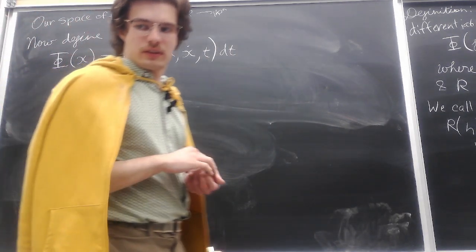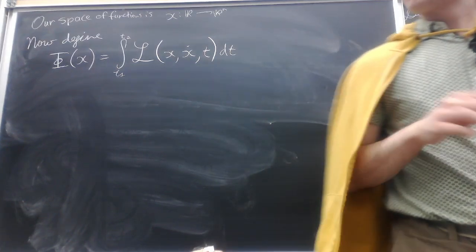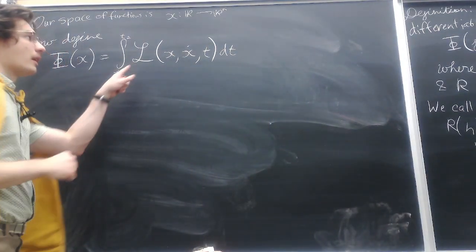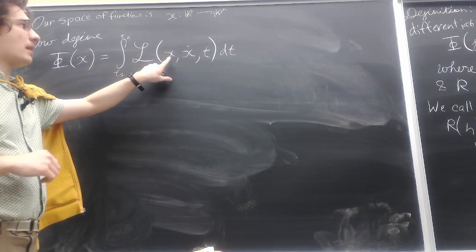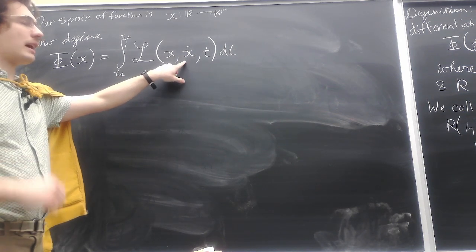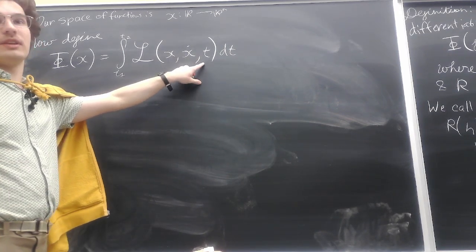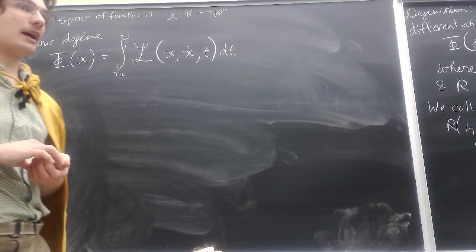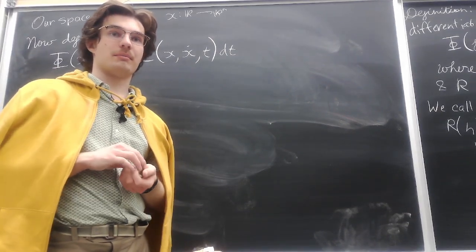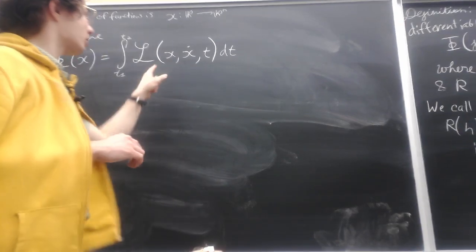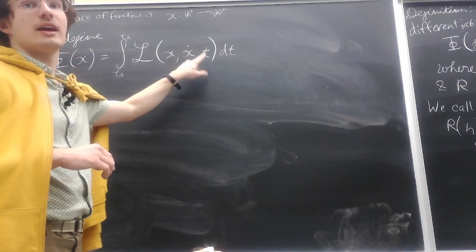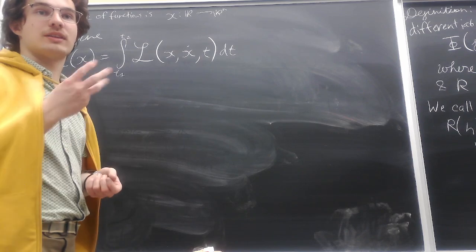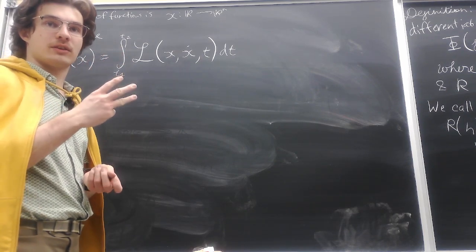So let's think about this for a second. I have a function L that takes in as input x, something called x dot, and something called t. So L actually takes in multiple things: x, x dot, and t. It takes in three things. Do you agree?